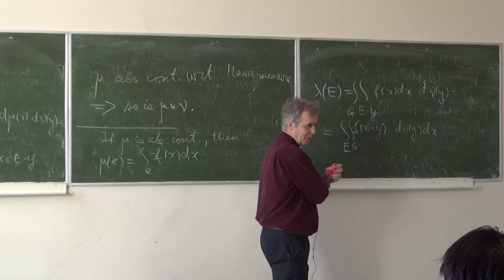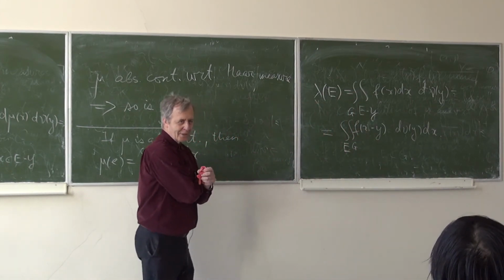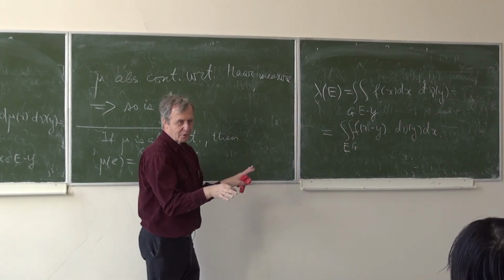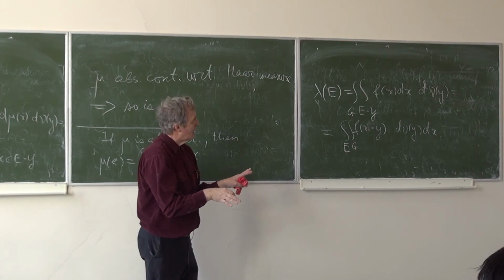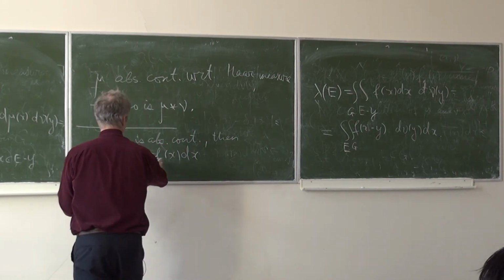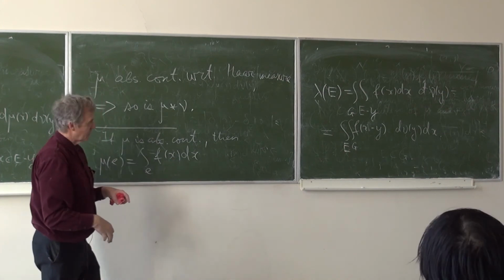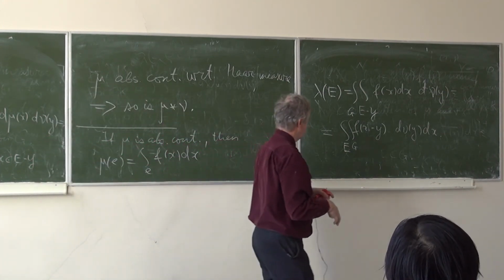I change the order freely, forgetting about all measurability. F is the density.